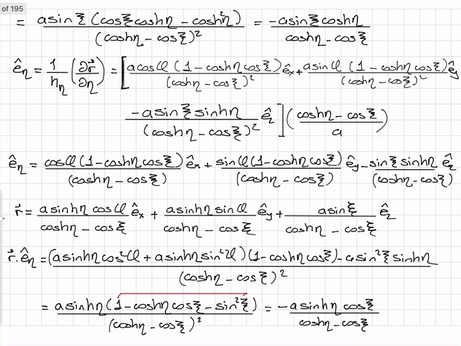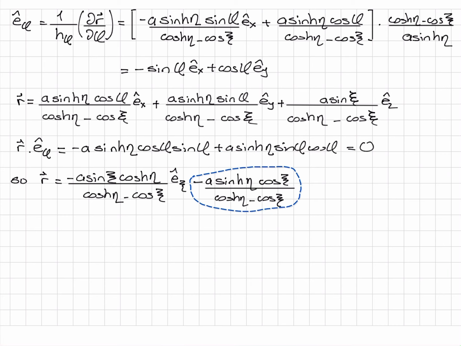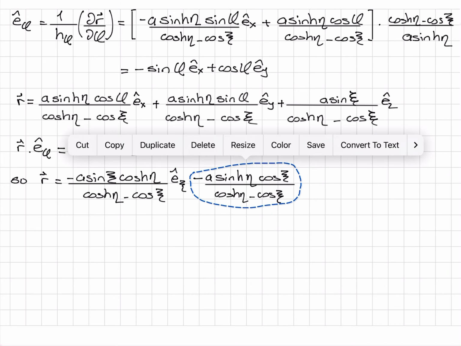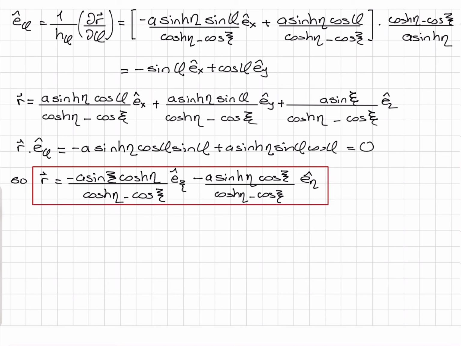And then for the component on e eta hat, we had this answer, so let's copy that. This is in the e eta hat direction and no contribution from the phi part. Therefore, this is our answer for the position vector written in the toroidal coordinate system.